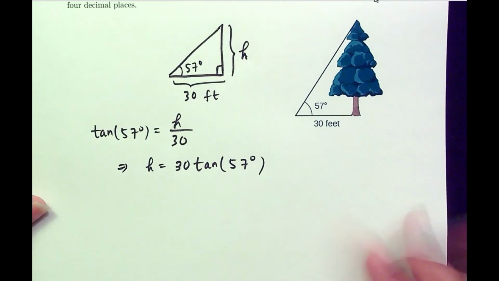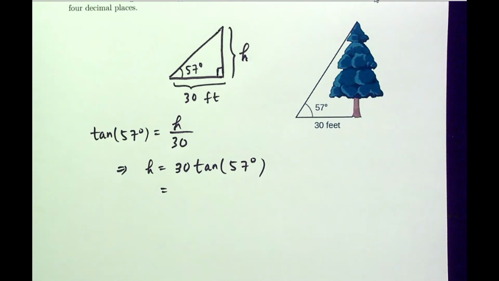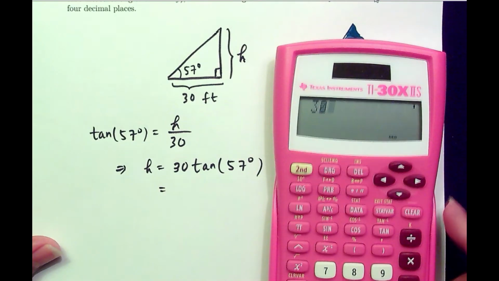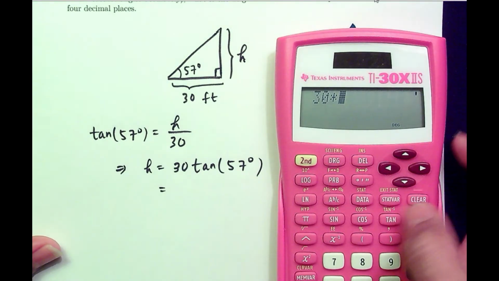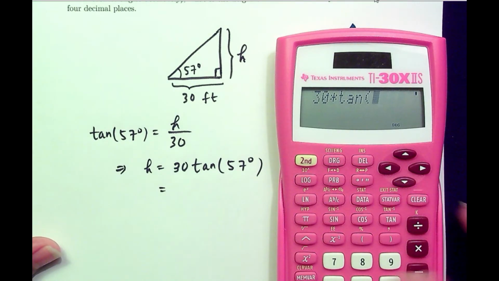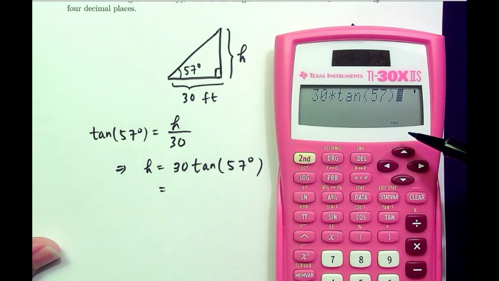It says round your answer to 4 decimal places. So let's do this. This is going to be 30 times tangent of 57 degrees, and my calculator is in degrees, so it's going to interpret it correctly.